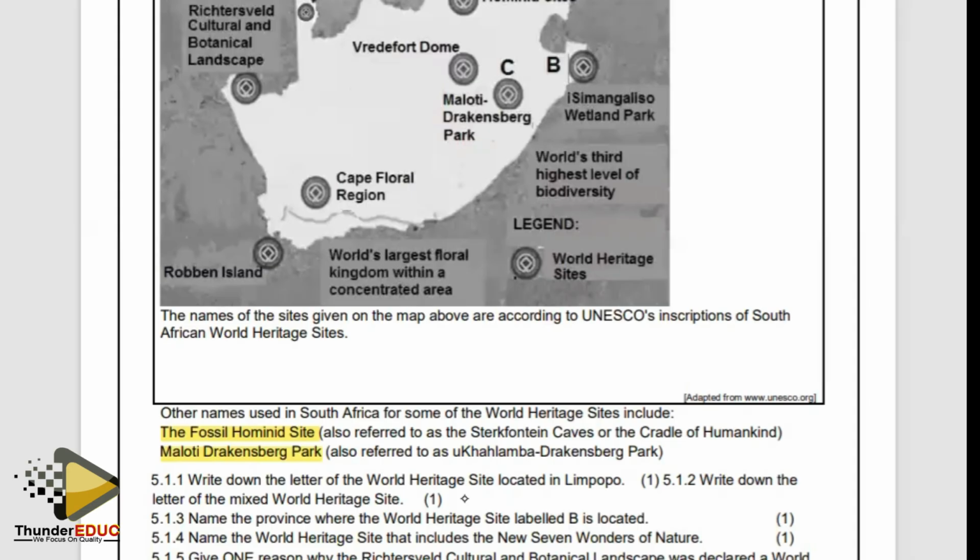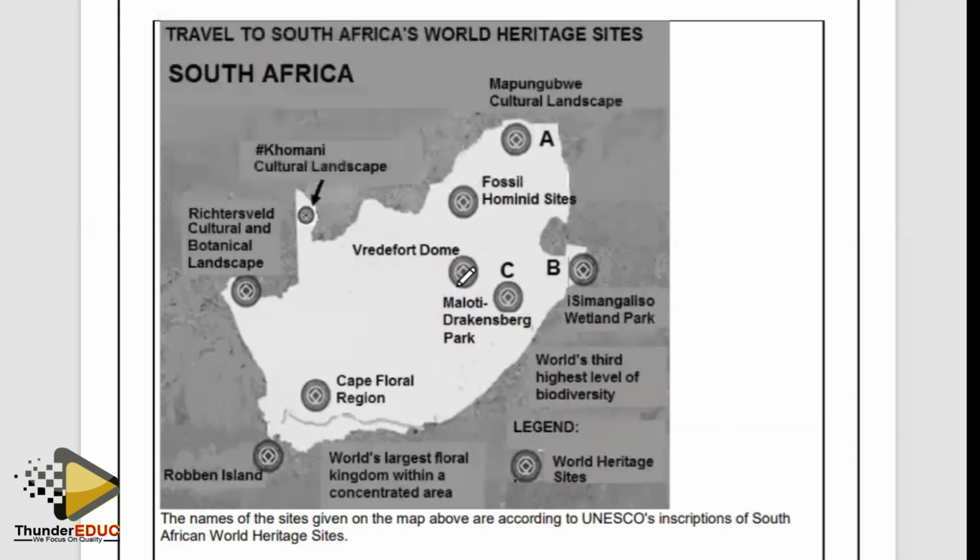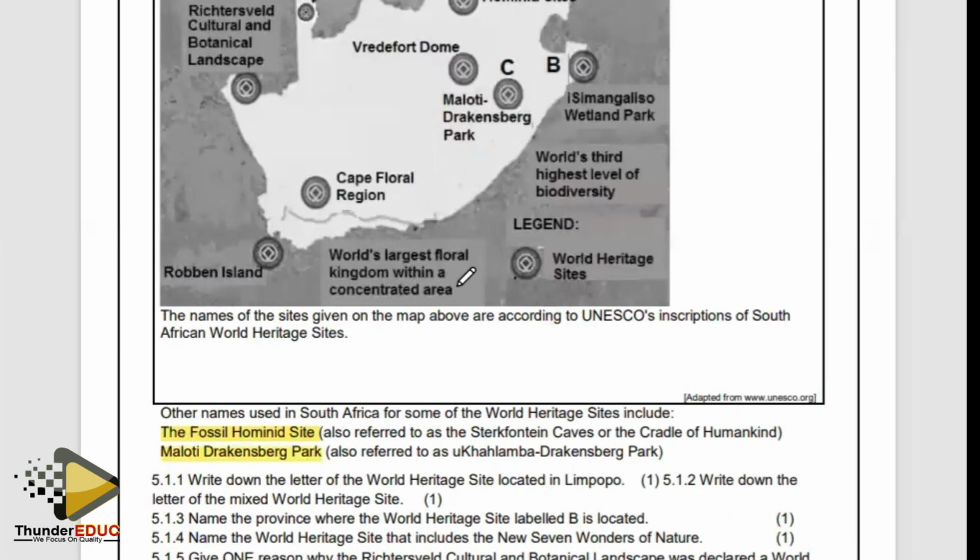All right, so the letter for Mapungubwe will be letter A.